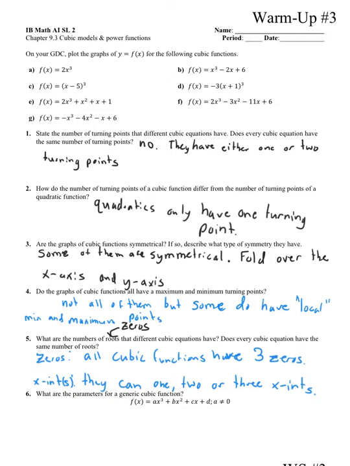And sorry, would it be like the max and the minimum point of that local turning point, and then the thing that's also hitting the x-intercept? Actually, the nice thing is for imaginary zeros, we don't even need to worry about it because the IB exam will never test you on imaginary numbers. So I'm just pointing out that all cubic functions will have 3 zeros, and imaginary zeros always come in pairs.